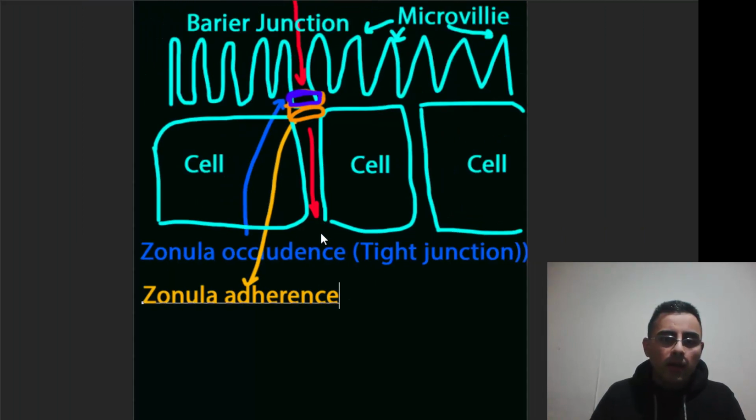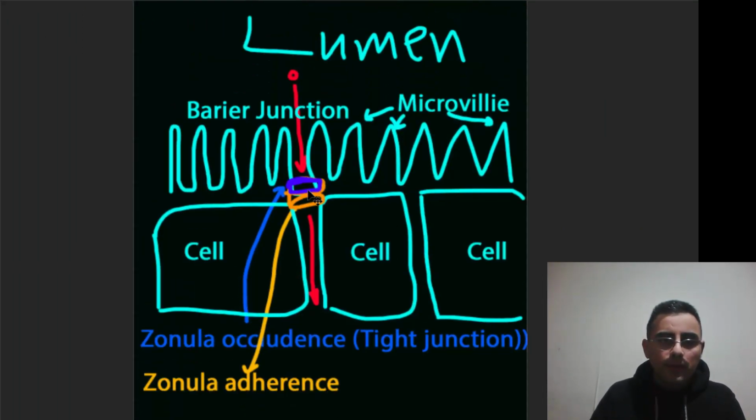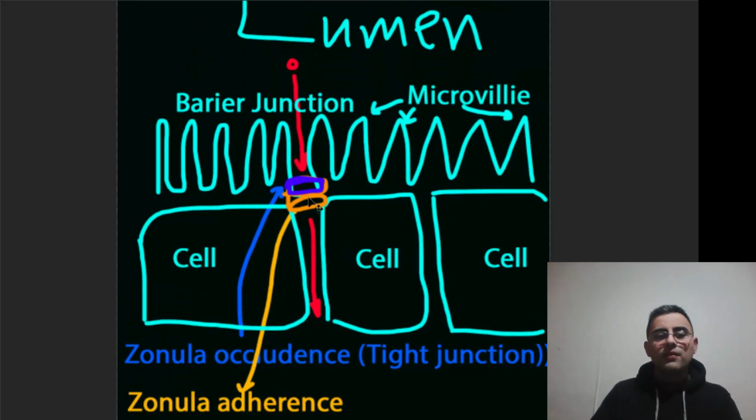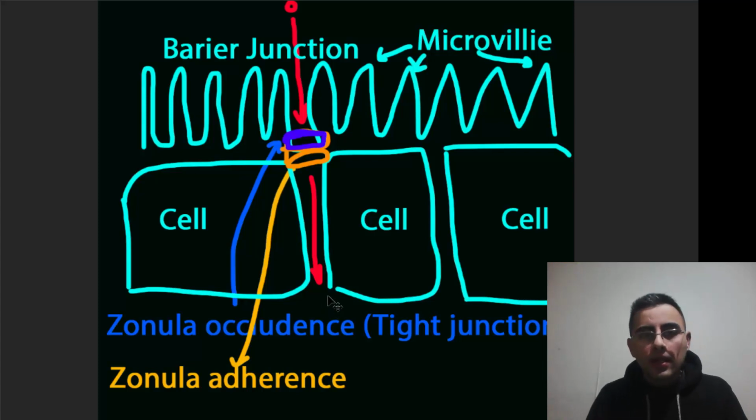Okay. The barrier junction is represented by two types of junction, zonula occludens and zonula adherens, and these junctions create a barrier in the paracellular transport pathway.